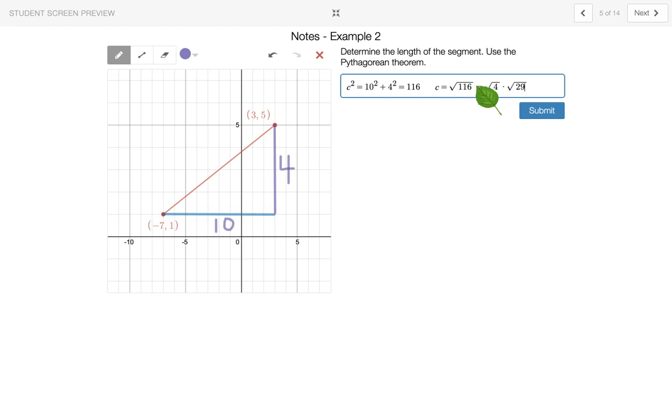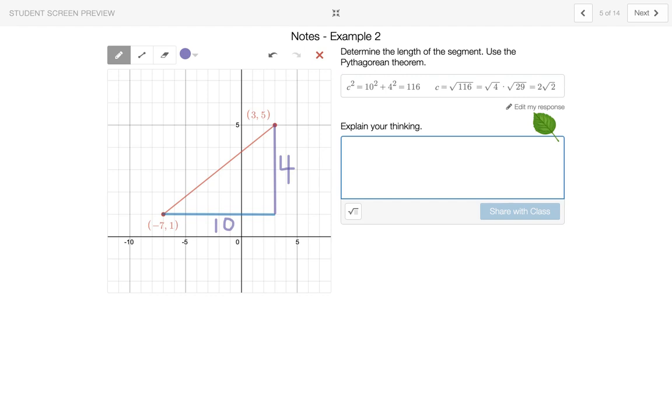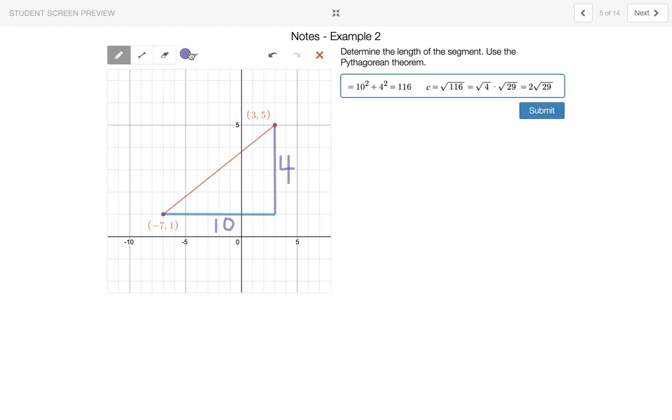That is 29, right? 29 multiplied by 4 is 116. So this simplifies to 2 square root 29. So the length of the hypotenuse here is 2 root 29.